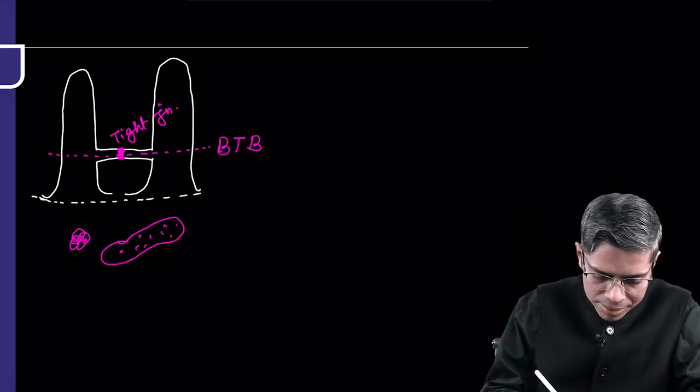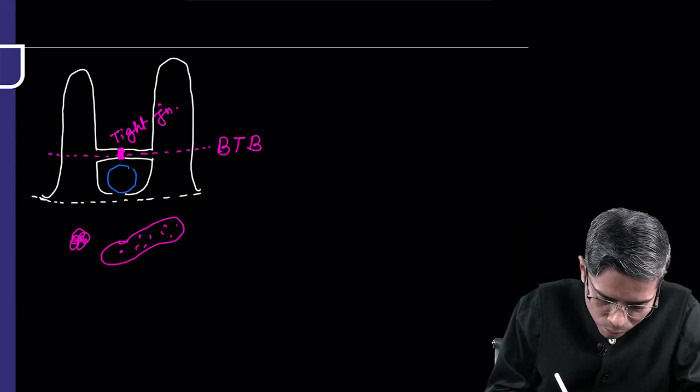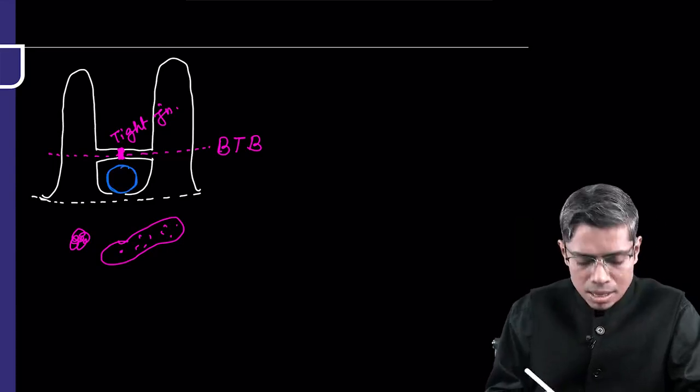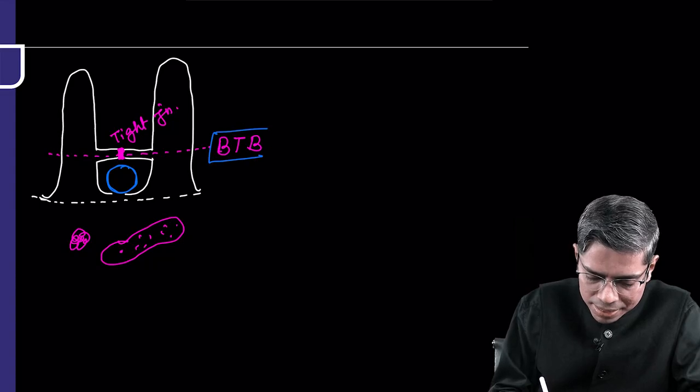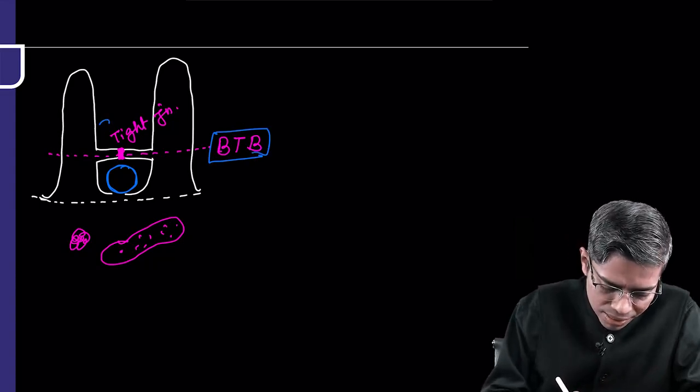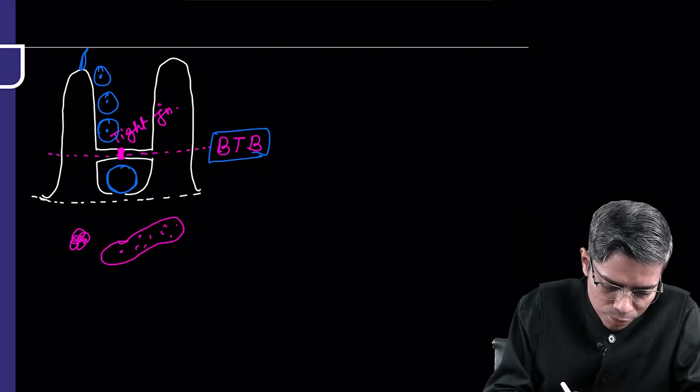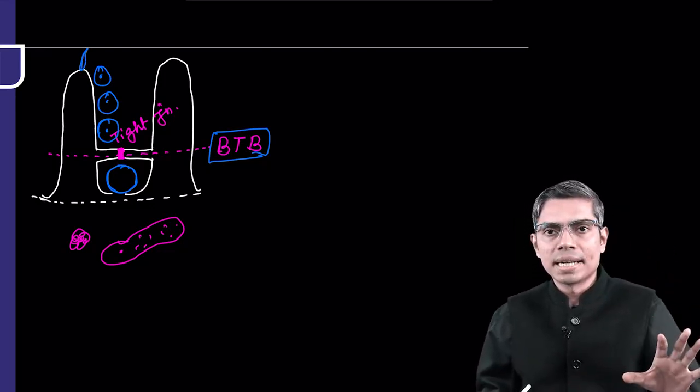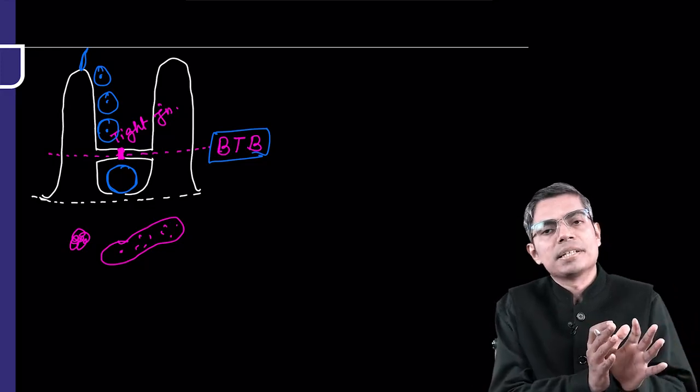So I told you already that spermatogonia is located outside this blood-testis barrier, but all other cell stages, like primary spermatocyte, secondary spermatocyte, okay, spermatid and mature sperm, all of them are located inside the blood-testis barrier.